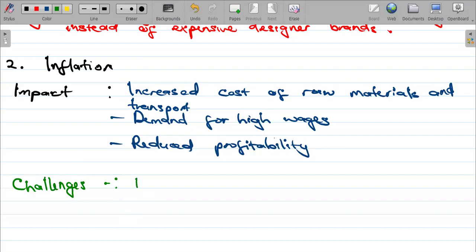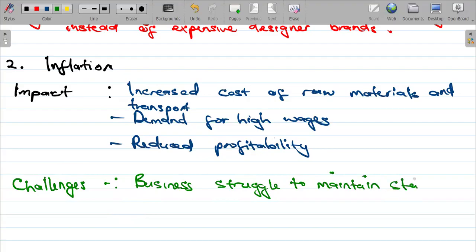The business struggles to maintain stable prices since there will be continuous increase in the cost of raw materials and transport.